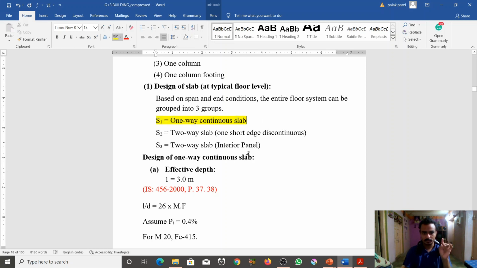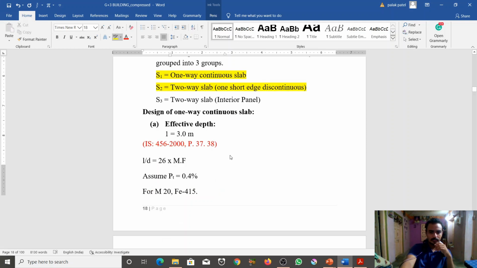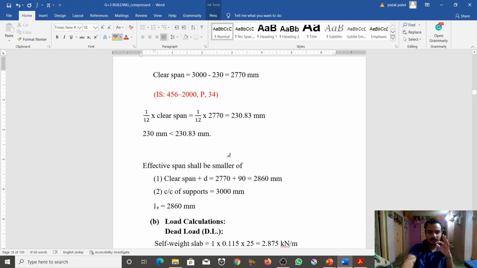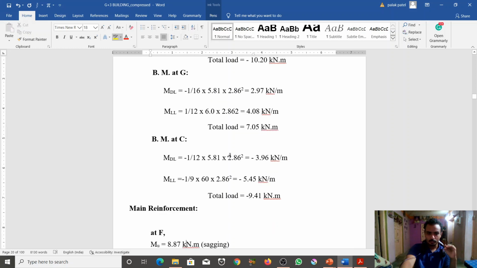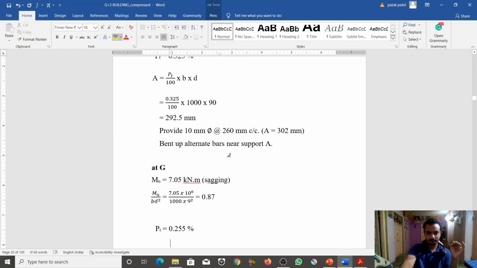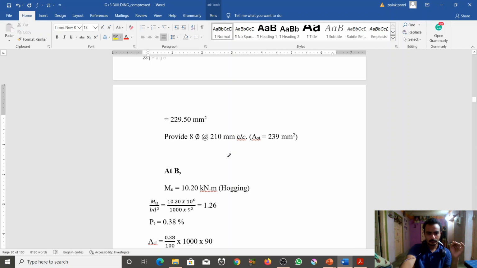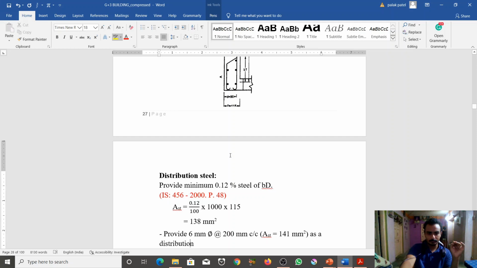One way continuous slab is done, but in this lecture we will complete the two way continuous slab, with one short edge discontinuous. Effective span is calculated, load calculation is completed, bending moment calculation is done; I explained everything in detail. So the one way slab design is complete, and the distribution steel is also completed.